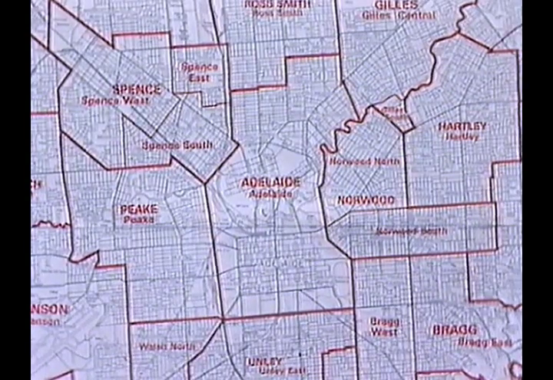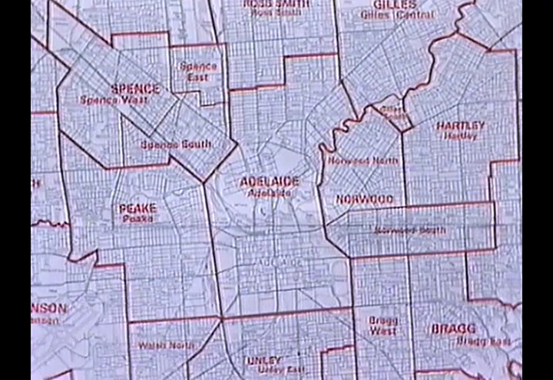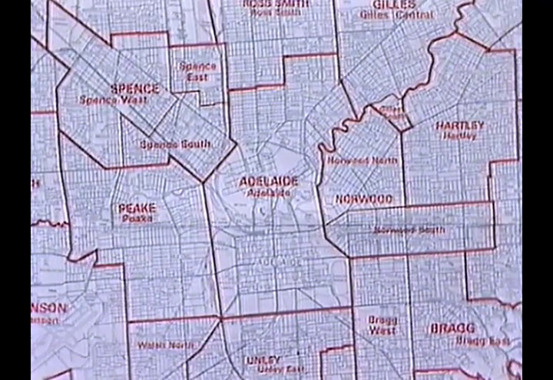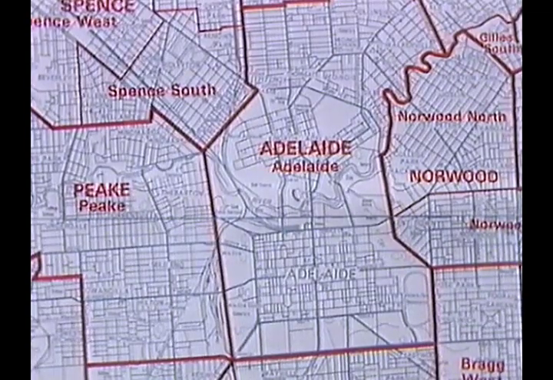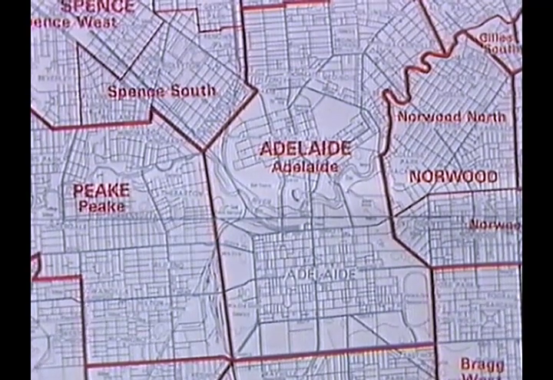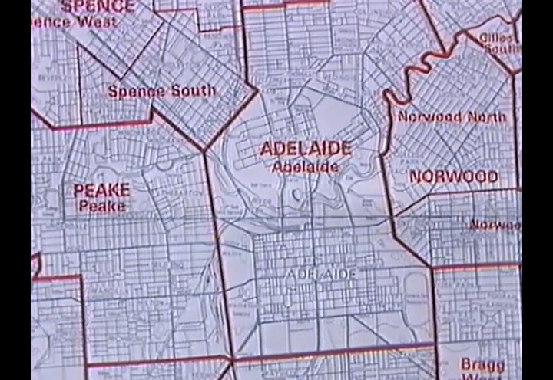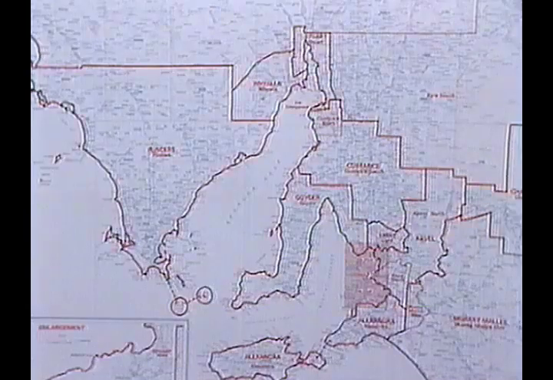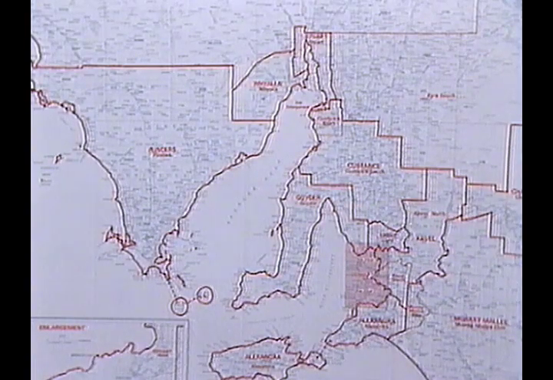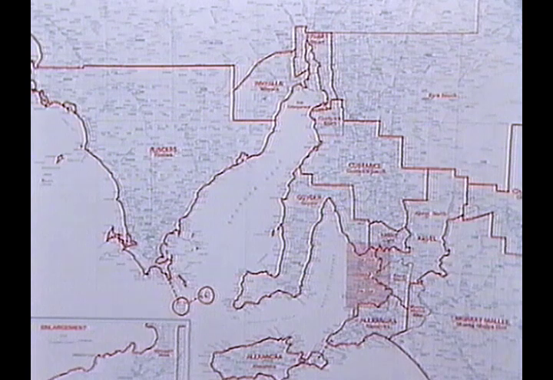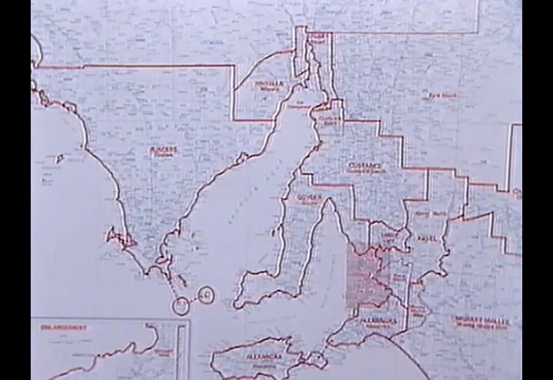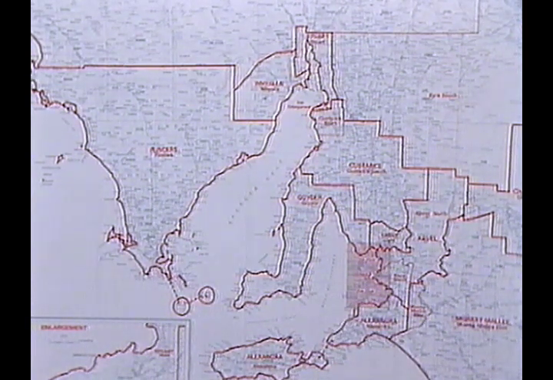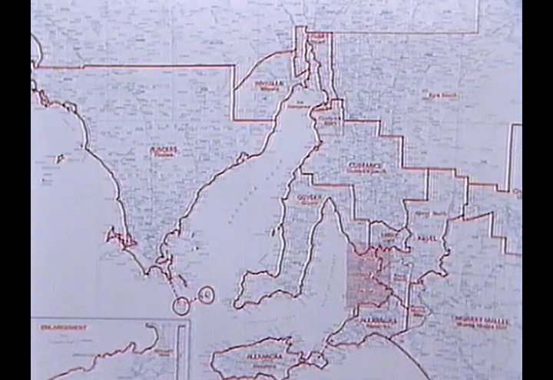At a general election, candidates stand for election in each district. A returning officer is responsible for conducting each election and declares the winning candidate the member for that district. The district for the Legislative Council, however, consists of the whole of the state, and therefore only one election is necessary to elect its councillors.